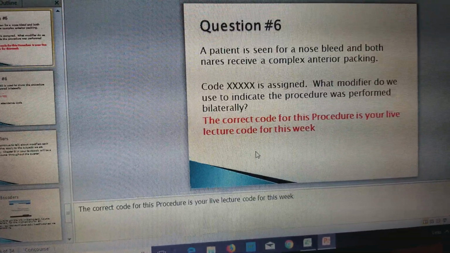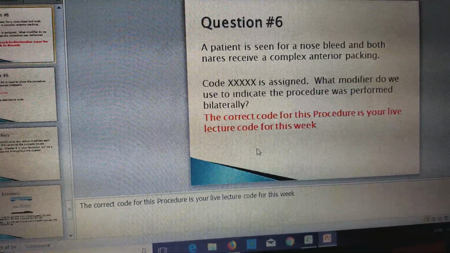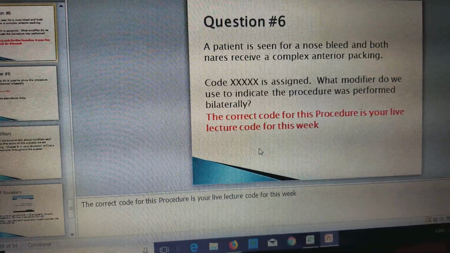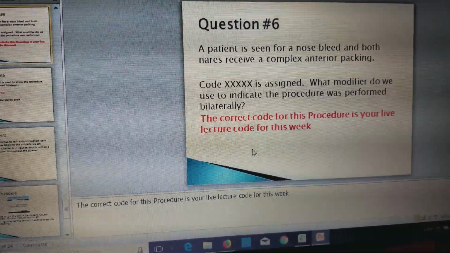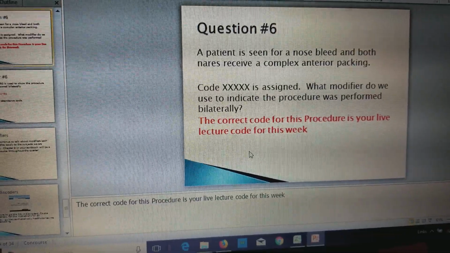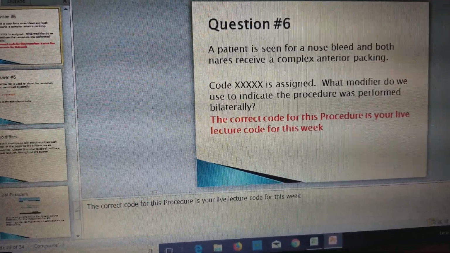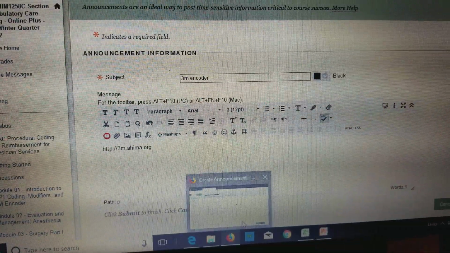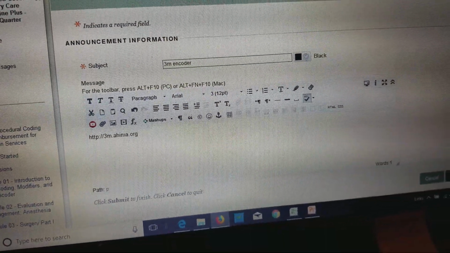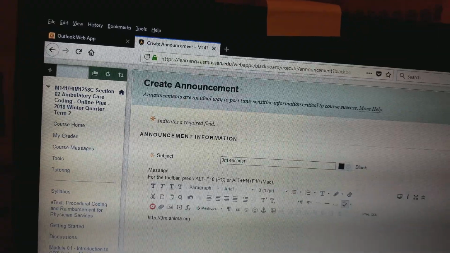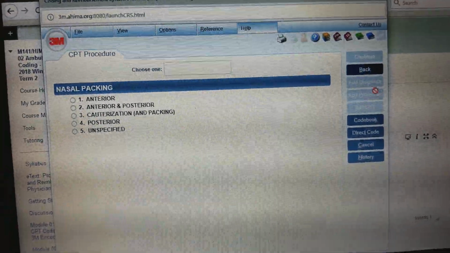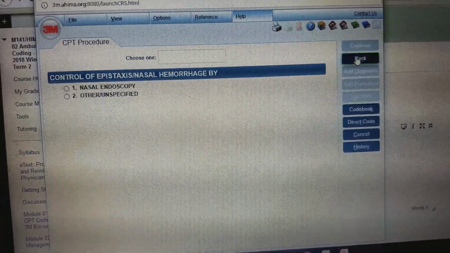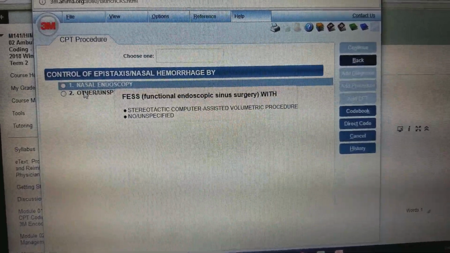Okay, so a patient is seen for a nosebleed, both nares, so that's bilateral, received a complex anterior packing. So actually looking at this now, I have more information than when I was trying to guess. Let me pull back up my encoder. Okay, so we want to go with other.